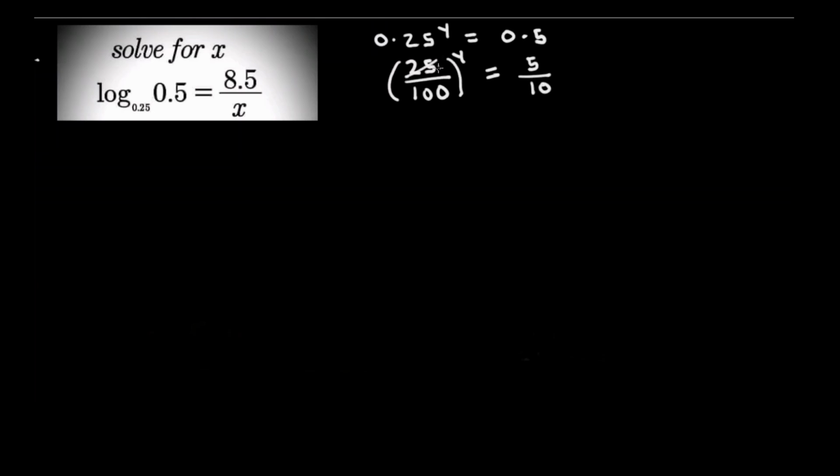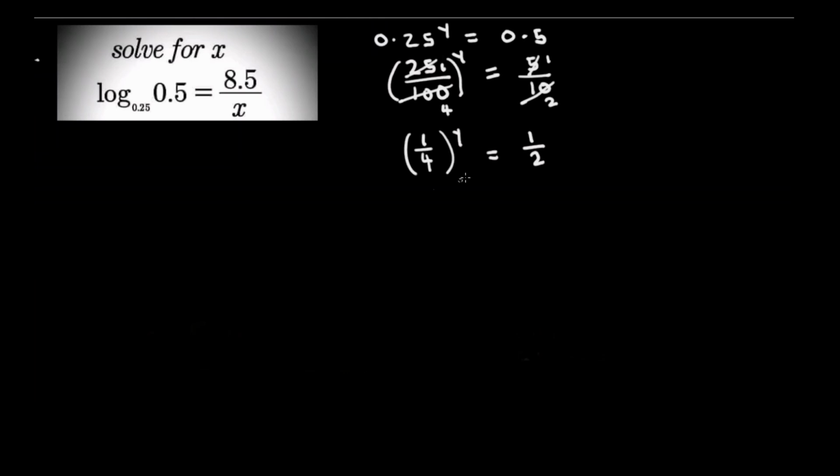So 25 into 25 is 1, and 25 into 100 is 4, because we say 25, 50, 75, 100. So we are saying 1 over 4 raised to the power y is equal to 5 into 5, it's 1, and 5 into 10, it's 2. So it's equal to 1 over 2.